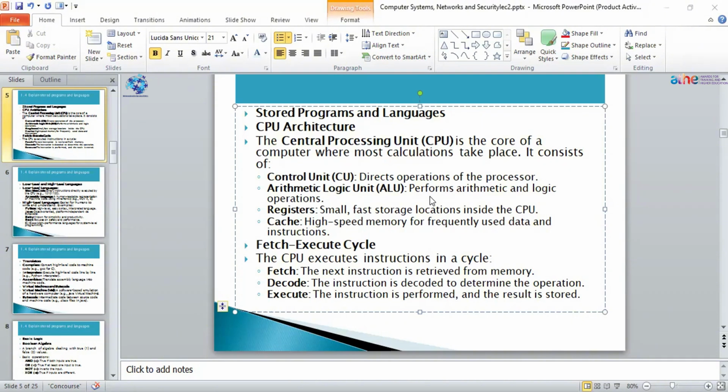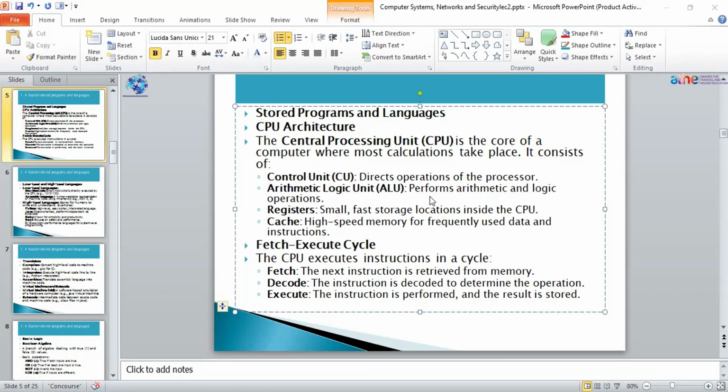Then we have the fetch-execute cycle. The CPU executes instructions in the form of a cycle. First is the fetch, then the decode, then the execute. In the fetch, the instruction is retrieved from the memory. Decode means that the instruction is interpreted to determine the specific operation to perform.